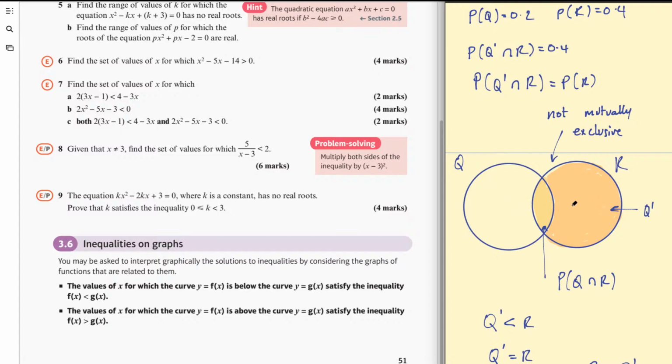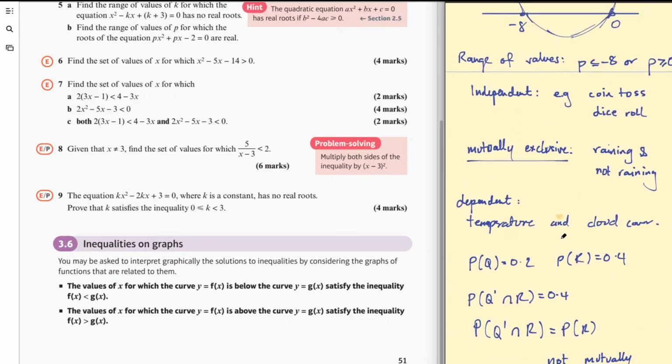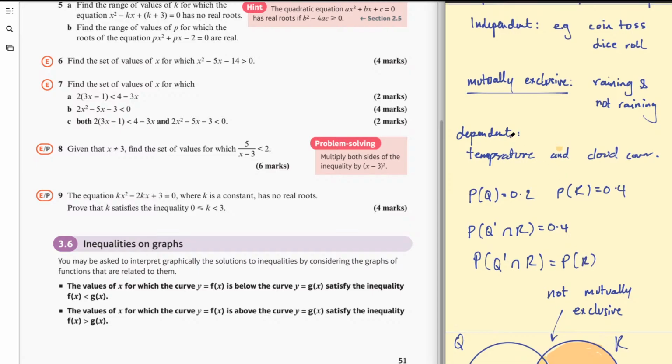So if events are independent, they can still intersect. So remember we talked about these independent events. Now these are not good examples of those.